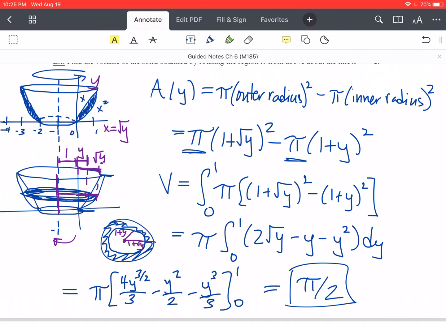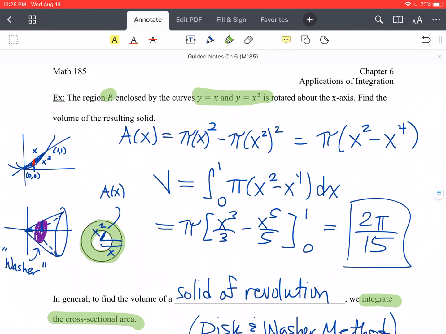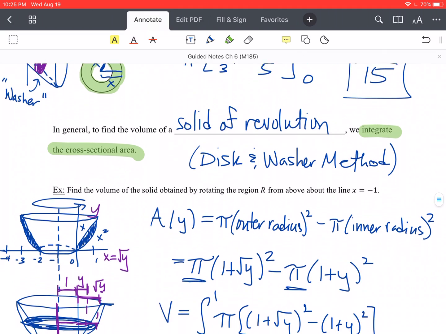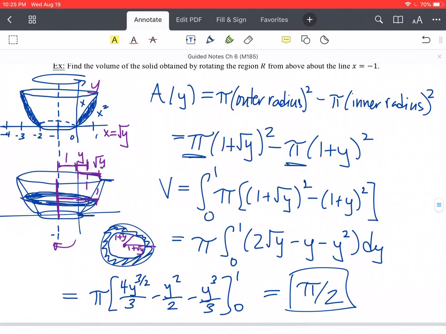Okay, so we get that region when rotated about the x-axis was 2 pi over 15. That region when rotated about the line x equals -1, so rotated horizontally that way, it gives us a volume of pi over 2.